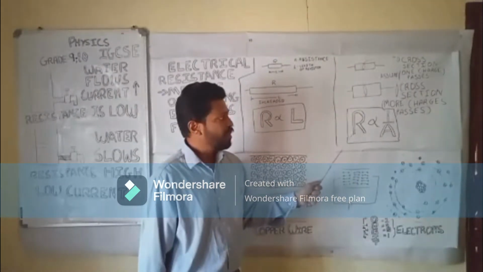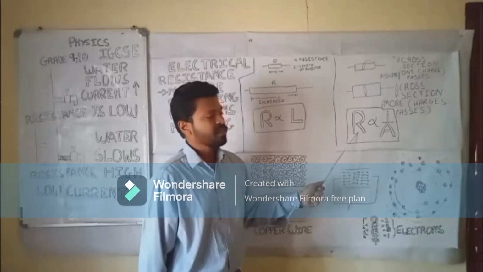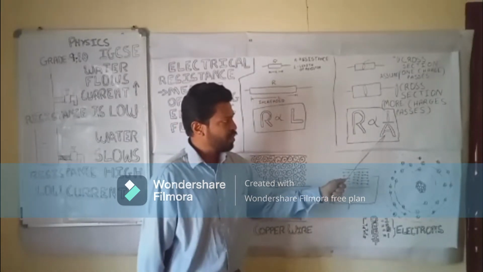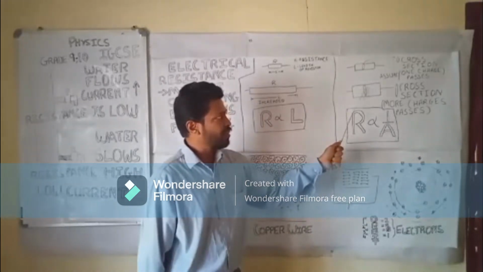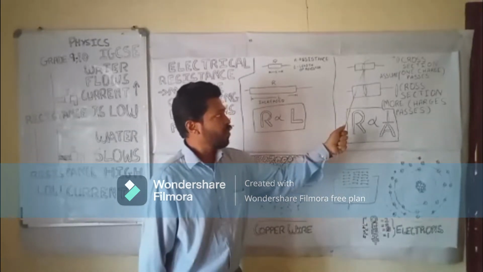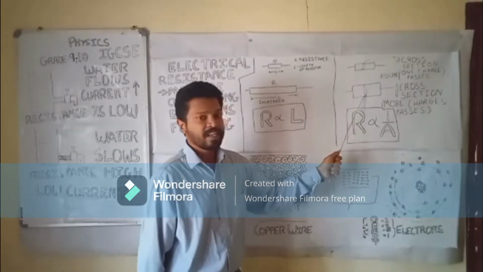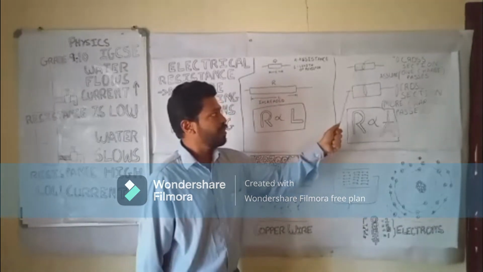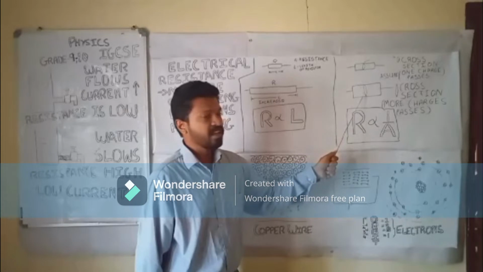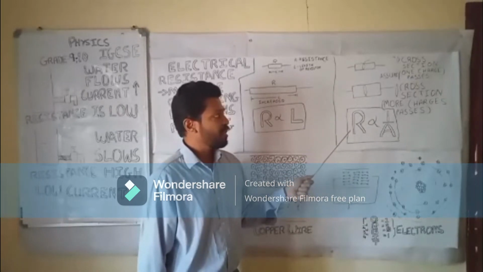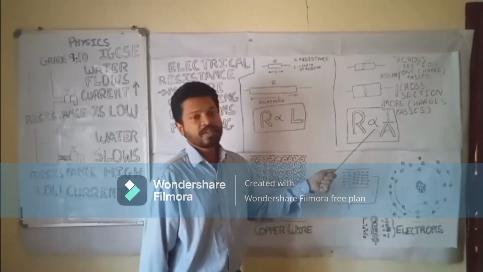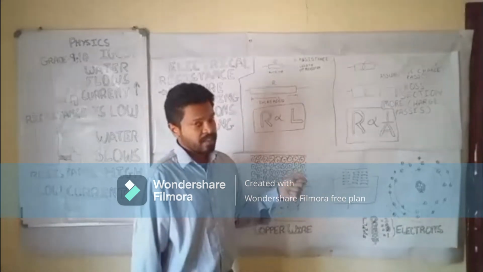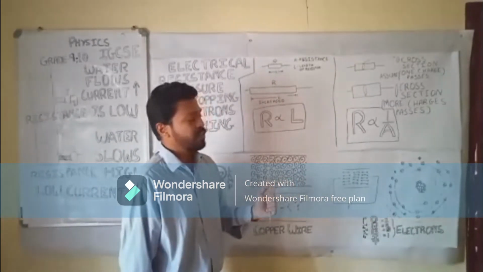So R, which represents the resistance, is inversely proportional to the cross section area. You can see the cross section area increasing here. So resistance is inversely proportional to the cross section area. These are the two properties of resistance.